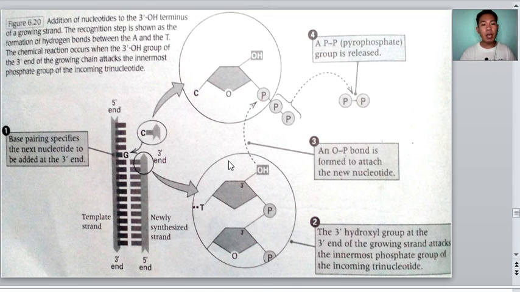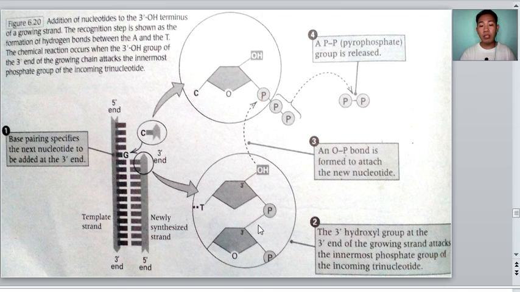The chemical reaction occurs when the 3' OH group at the 3' end of the growing chain attacks the innermost phosphate group of the incoming nucleotide triphosphate. So the base pairing specifies the next nucleotide to be added at the 3' end.